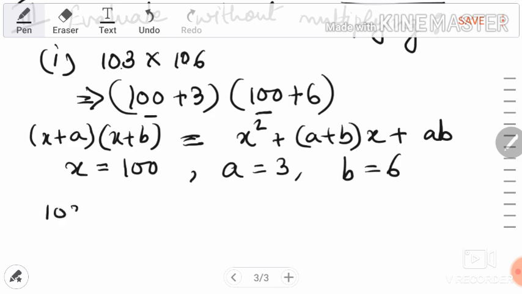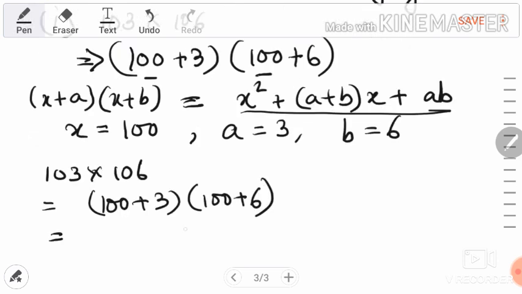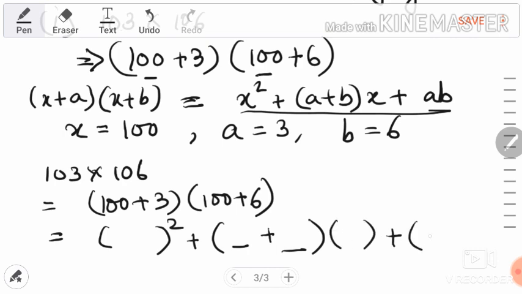So 103 into 106 can be written, using the identity, as x square plus (a plus b) x plus a into b.